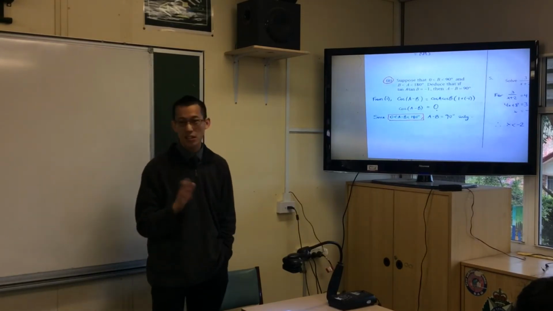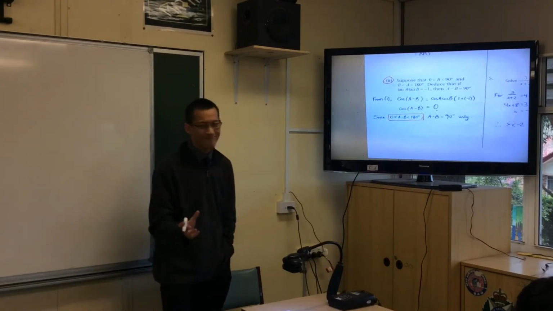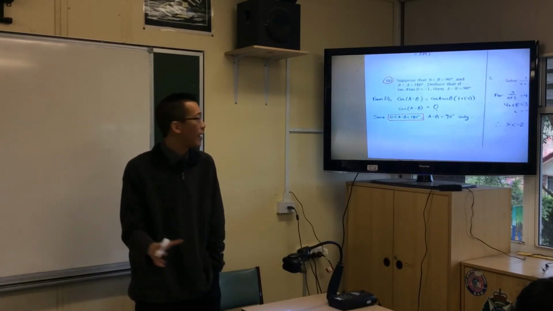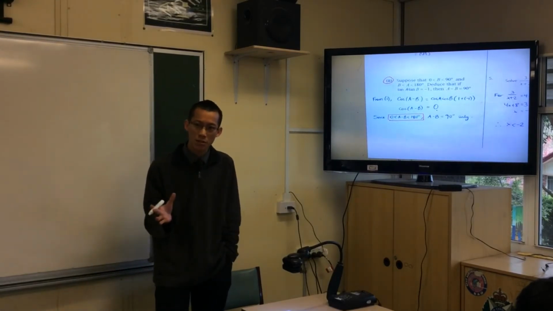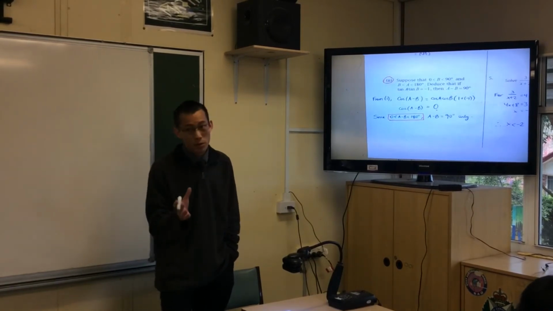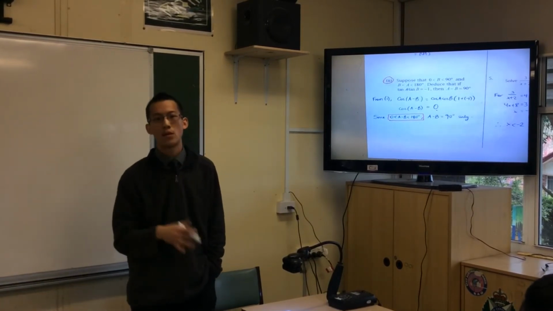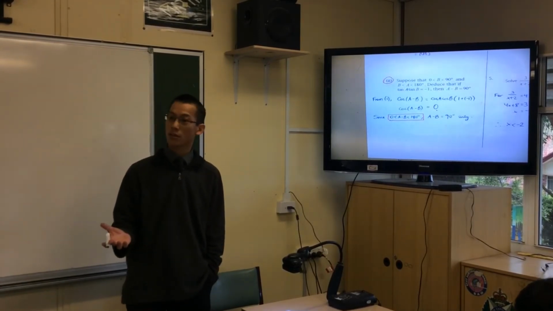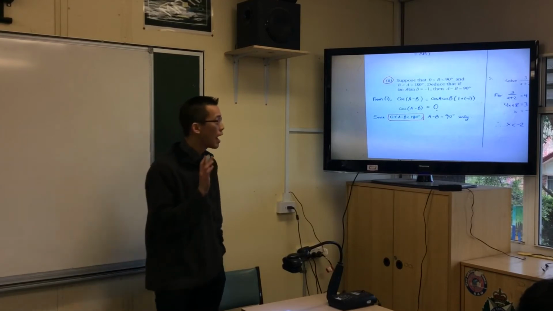You know that B is acute, but you don't, well, you know A is not reflex, but that's about all you know about it, because you can't say A is obtuse. Why can you not say that? All you know is that A is between B and 180. B could be 1 degree, in which case A could be 2 degrees. So they could both be acute angles, and that could be fine.